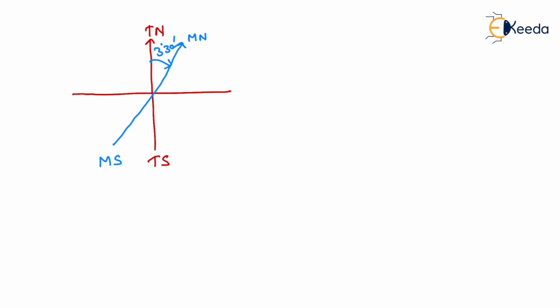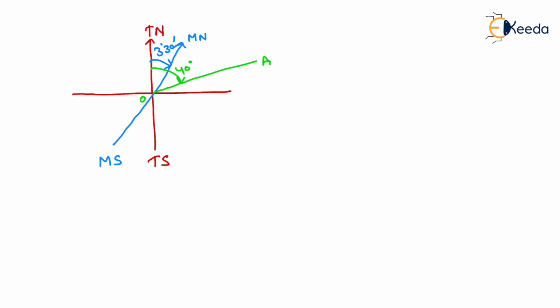Now the true bearing of survey line we already determined in 1910, that will be equals to 40 degree. So the true bearing of line OA will be equals to 40 degree.